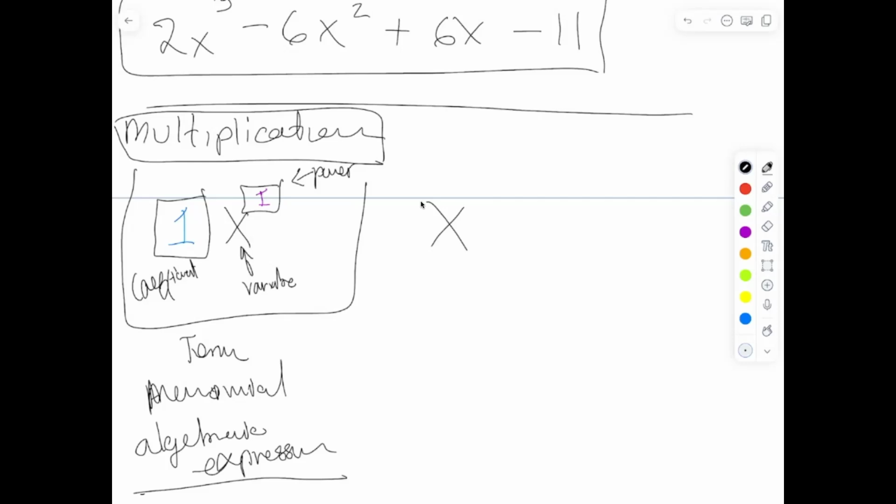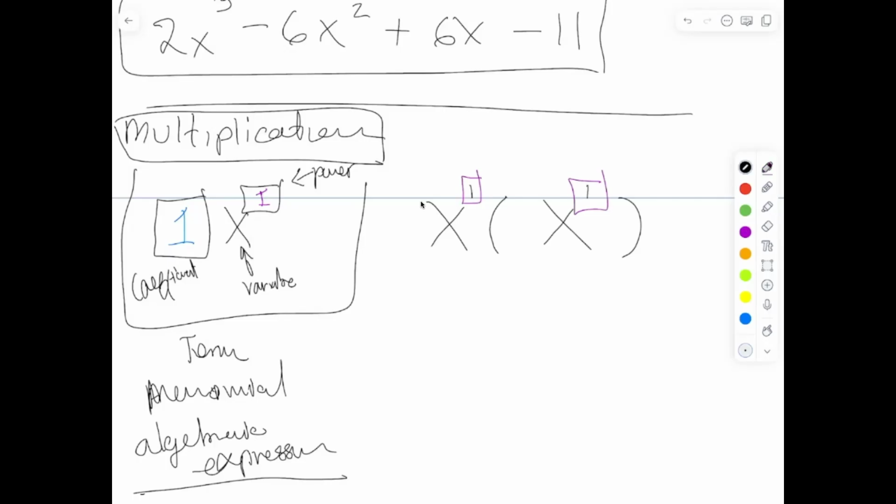Now, if I take this x and I pair it with another x, and you see what I just did there, right? I put a parentheses. What is the degree here for both of these? 1.